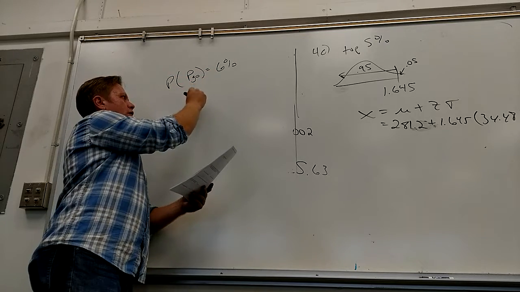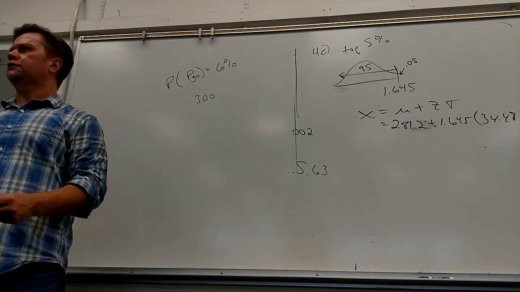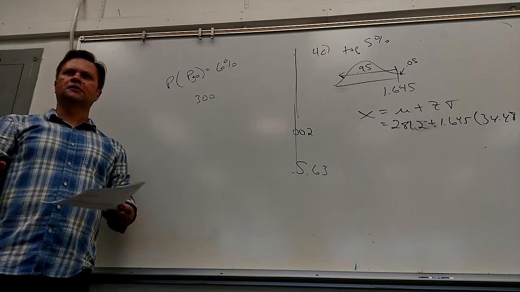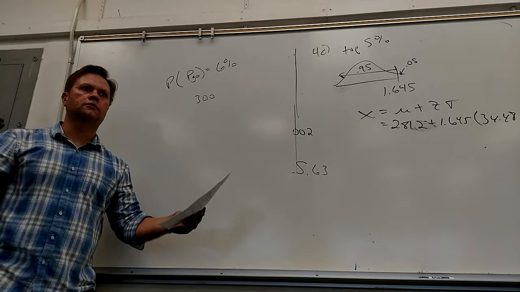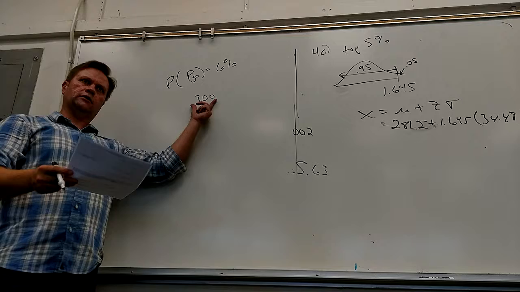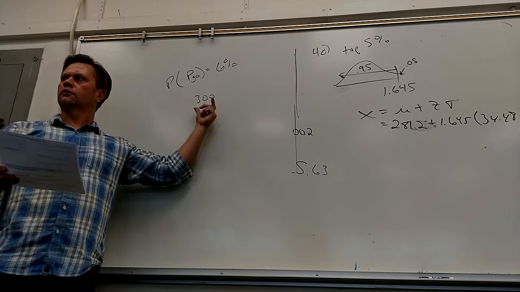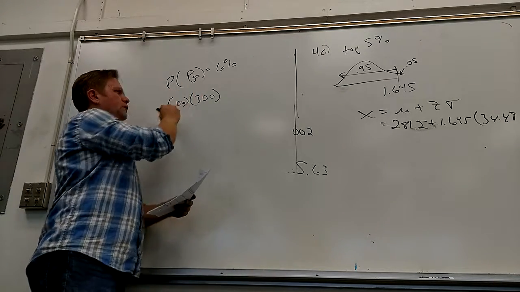And I say there's 300 people that were selected randomly. How many of them still play Pokemon Go on average? How many would you expect? What would you do? 6% of everybody plays Pokemon Go, and you have 300 randomly selected people. How would you figure out how many of them do that thing? You would take 6% of 300, right?